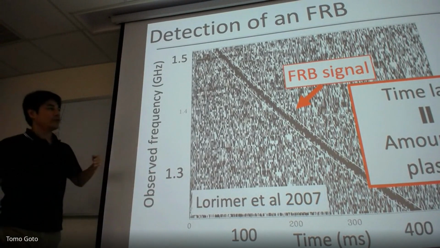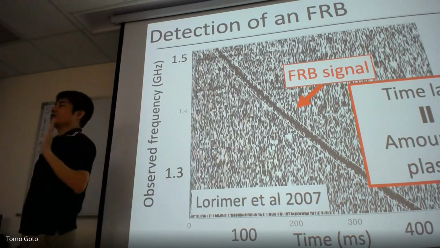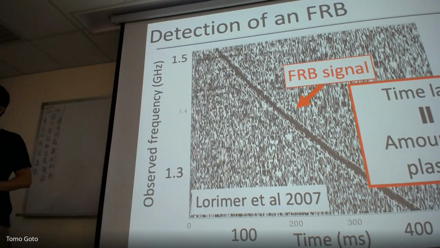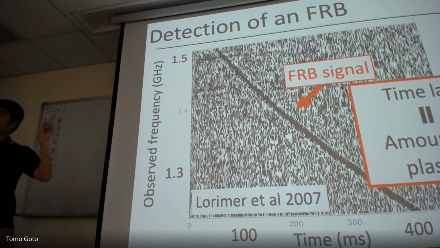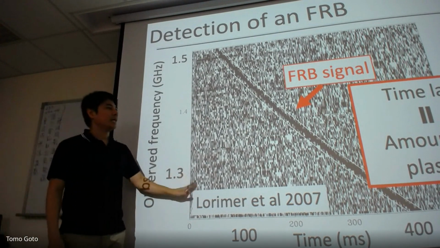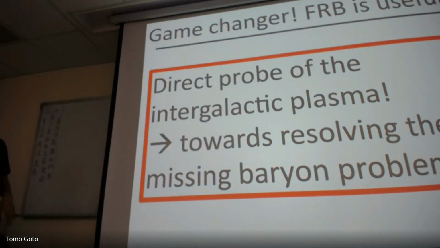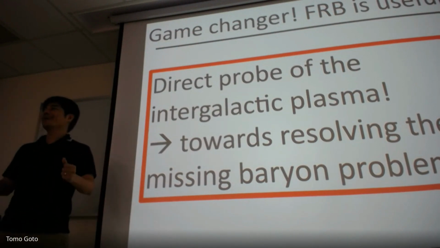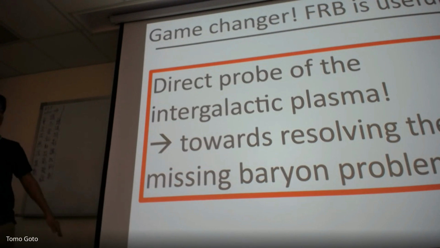So by using this time lag of FRBs, you can directly measure this plasma in intergalactic space, which is supposed to be the missing baryons. So now we have direct proof of missing baryons. And then people expect, okay, now we can resolve this missing baryon problem using a fast radio burst.